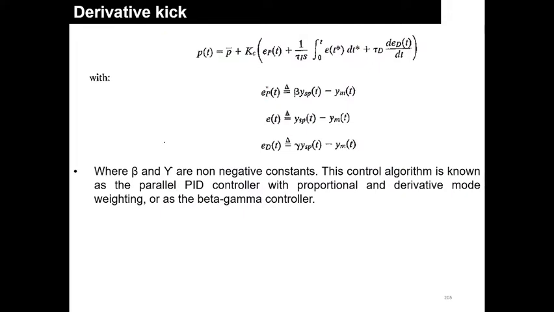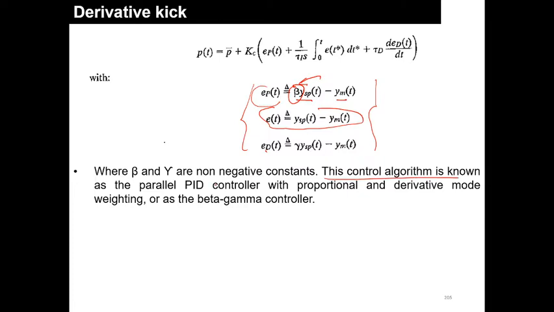You can see here, this is the error for the proportional controller: the set point, with some weight applied, minus the measured value. And this is for the derivative, so gamma. When we use such a configuration in the controller, it is sometimes known as the beta gamma controller.